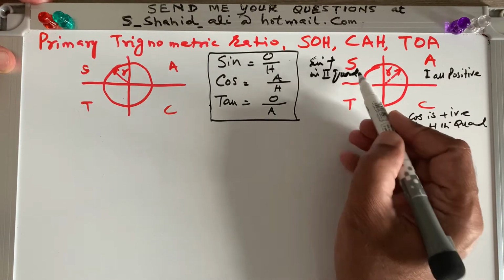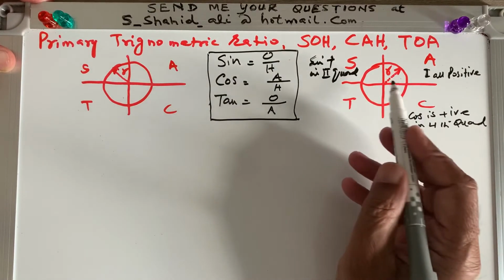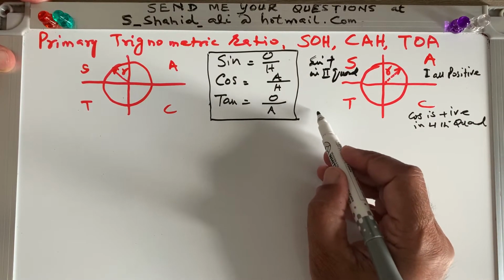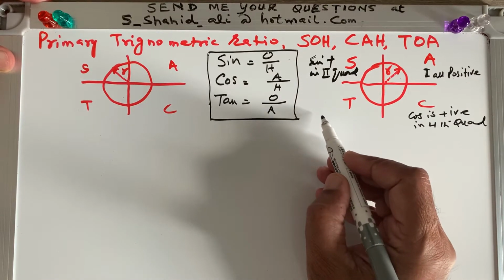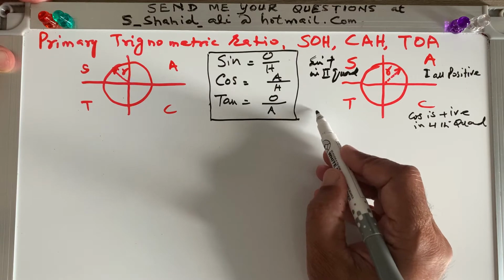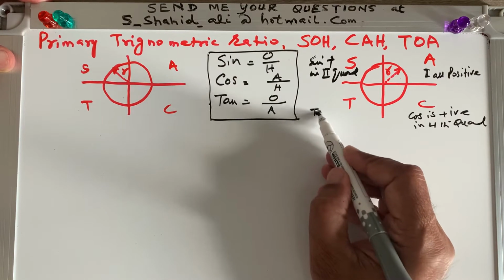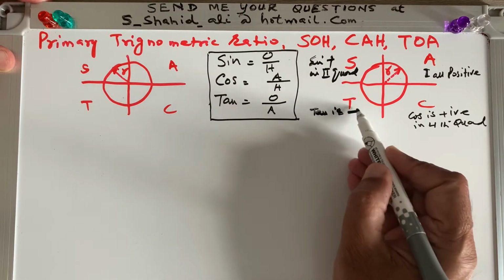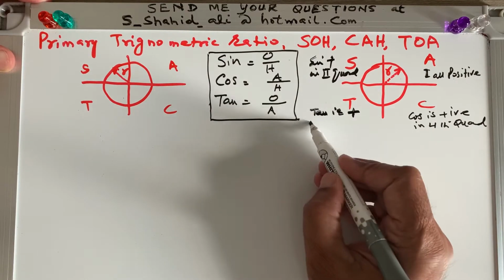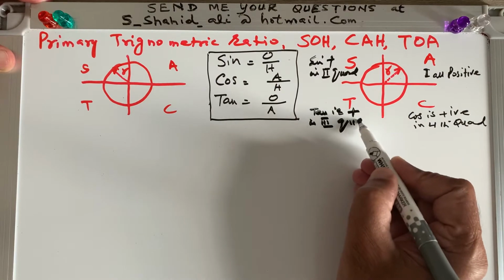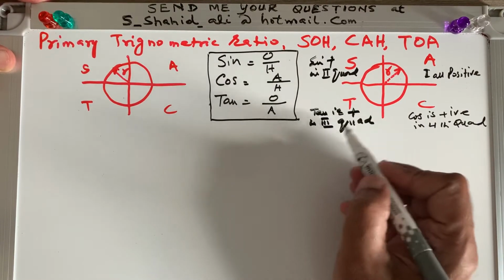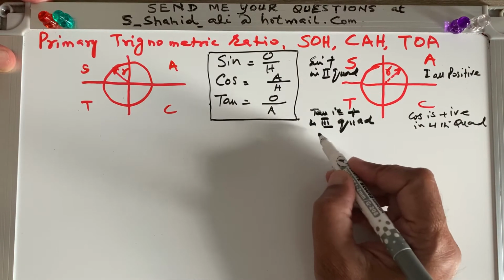We have done these in separate lectures, but this is like a sum up of all those things, because the question is such. I will write down what the question is asking. So in the third quadrant, tangent is positive. When I say tangent is positive, that means all others are negative.